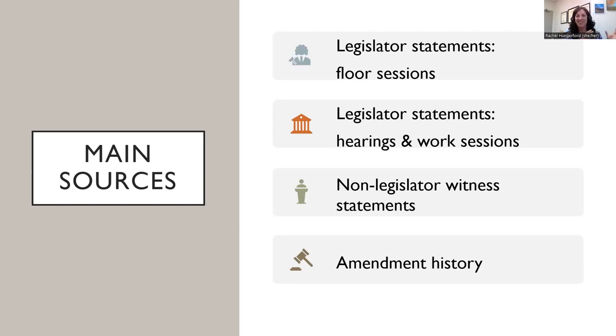So having just said that the floor sessions are better evidence of intent because you have a quorum of a whole chamber, likely in terms of the likelihood of you finding a useful statement to use, it probably happened in committee, because that is where a lot of the policy work on the bill is done.